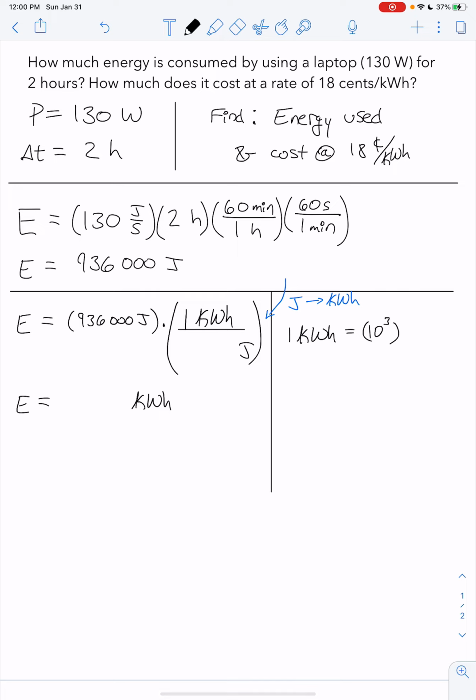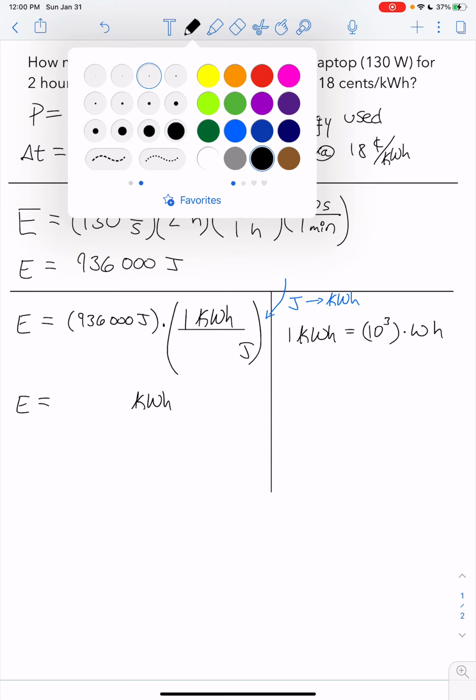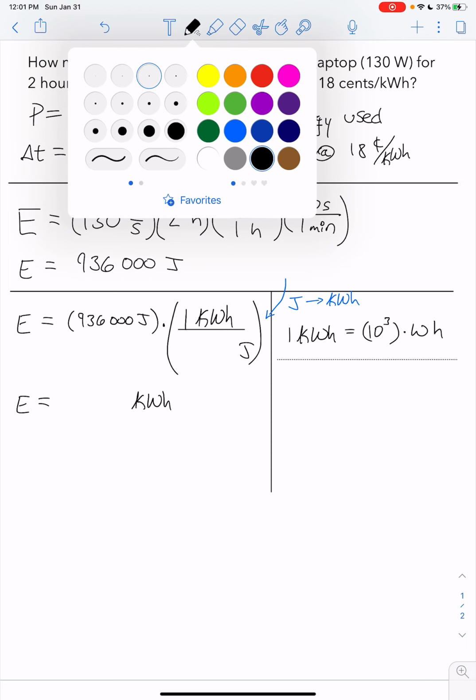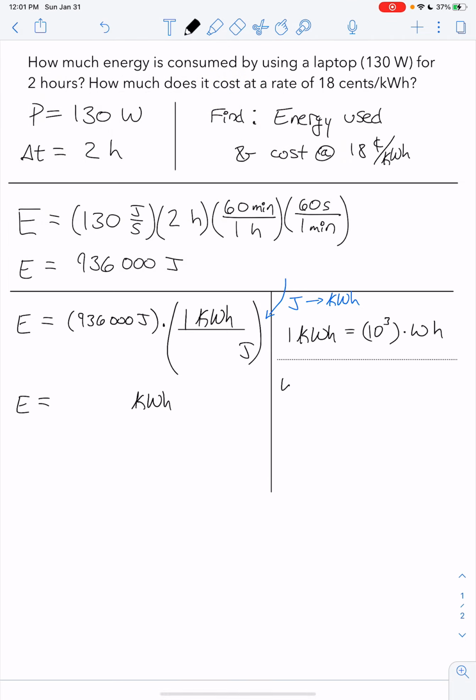So we've got a factor of 10 to the 3 times watt hours. What is a watt hour? Well, let's take a look. A watt hour is going to be equal to, well, let's say we've got 1 watt in 1 hour, so that's 1 joule per second in 1 hour.